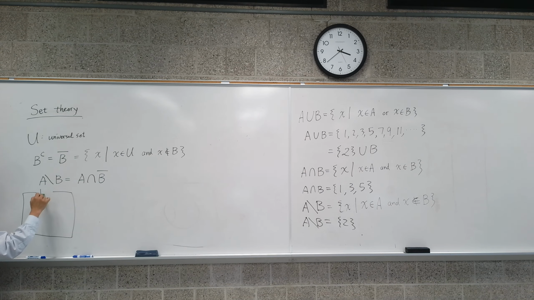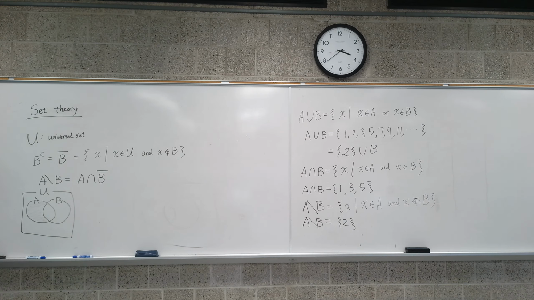But first, in this generic Venn diagram, what are the elements that are in A but not in B? Can you shade it? You can shade it, and they're really right here.